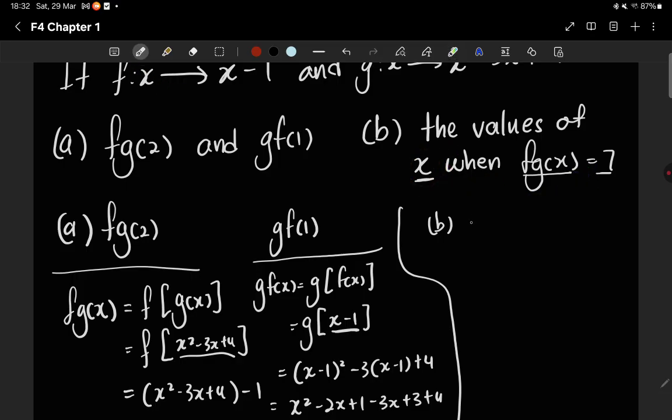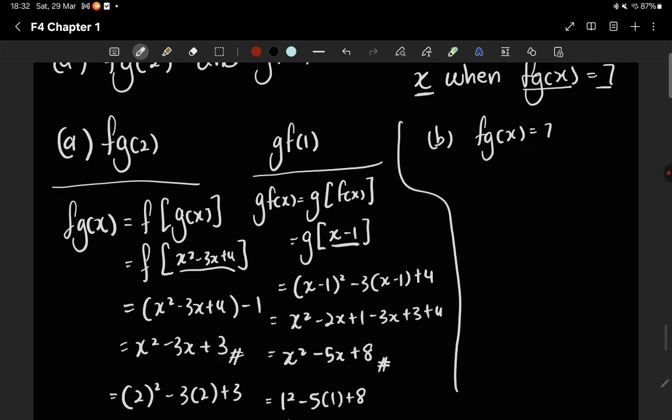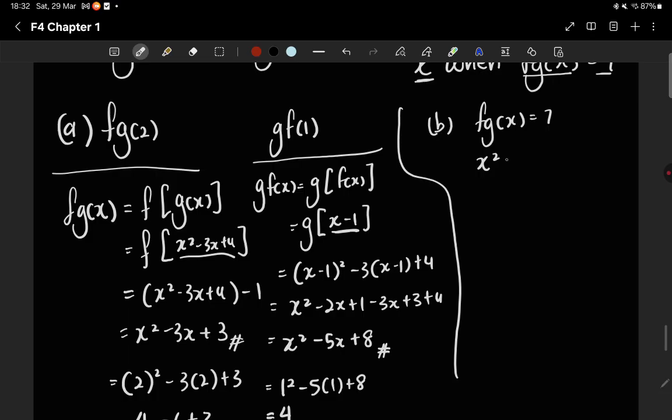So simply, we can just rewrite this and put the equation equal to 7 and solve this as a quadratic equation. So just take 8 minus 7, which gives us x squared minus 5x plus... sorry, x squared minus 3x minus 4 equal to 0.